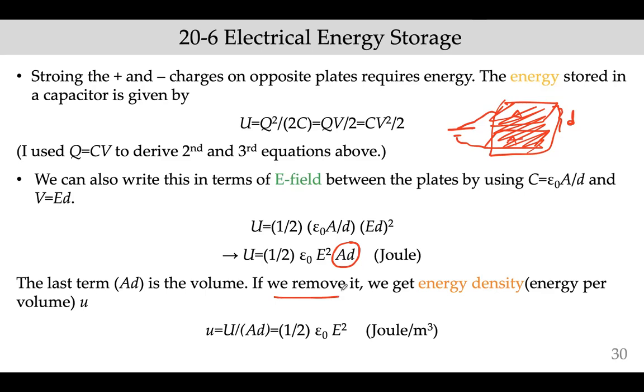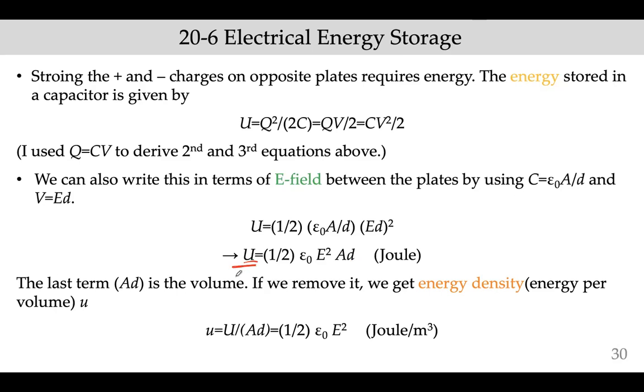So if you divide both sides by AD, which is the volume, this is gone. So the potential energy per volume, let's call it lowercase u, is given by 1/2 epsilon 0 electric field squared. If you want to calculate the energy density rather than the energy, you can use this definition.